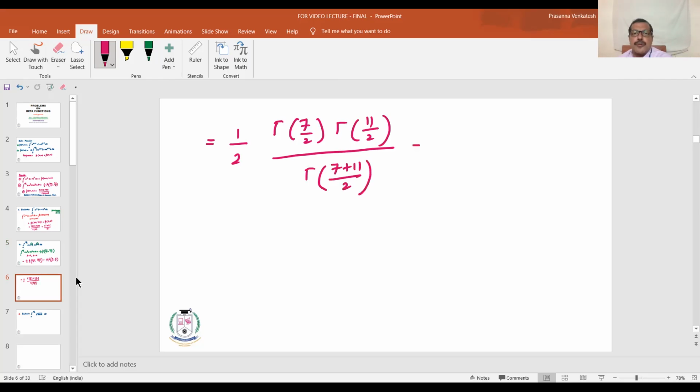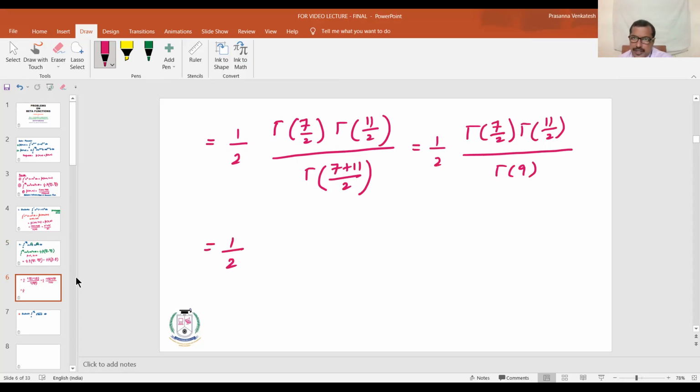So this is equal to 1 by 2 gamma of 7 by 2 gamma of 11 by 2 divided by gamma of 18 by 2, which is gamma of 9. What is gamma of 7 by 2? Starting with 1 less than 7 by 2, which is 5 by 2, so it is 5 by 2, 3 by 2, 1 by 2 into gamma of 1 by 2. Either you can write gamma of 1 by 2 or you can directly substitute root pi, which is the value of gamma of 1 by 2.